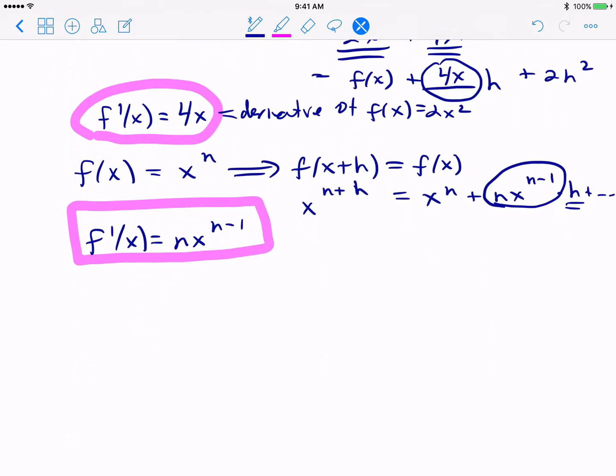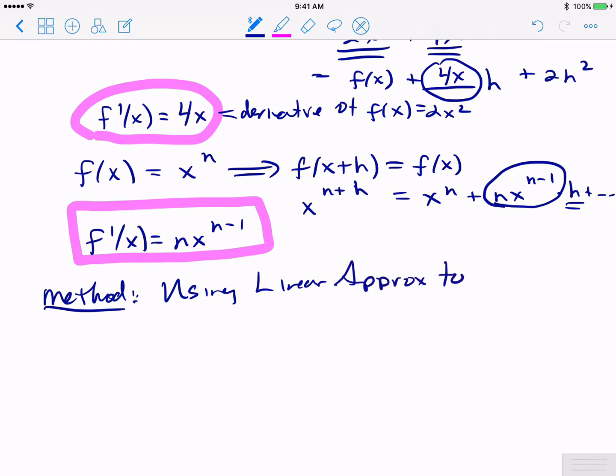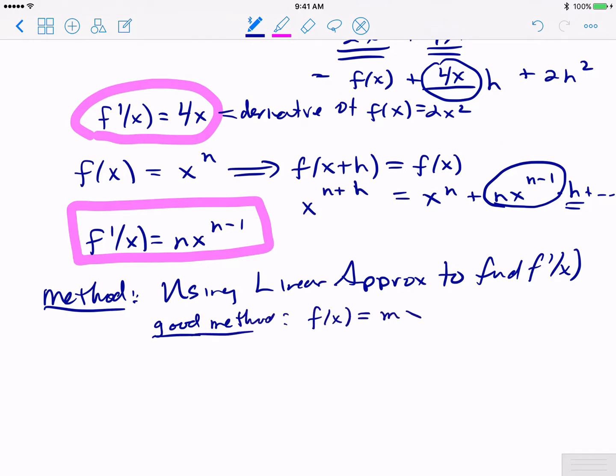So the method that I'm using here is called the linear approximation method to find f prime of x. And this is a good method when your functions are nice and simple, like linear functions mx plus b, and quadratic functions like q of x equals ax squared plus bx plus c.